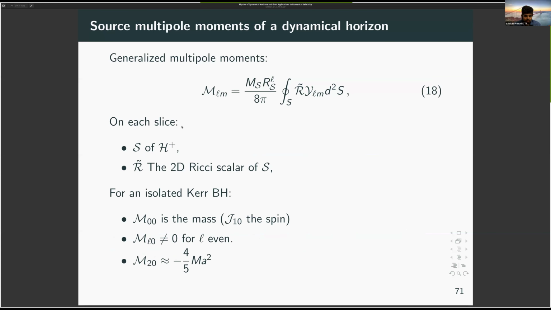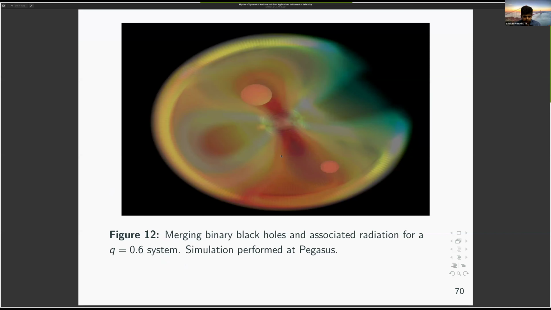So one realization, of course, that came about was that we should not be restricting ourselves to a single index or axisymmetric deformations of dynamical horizons, because as you can see in this figure, there is nothing axisymmetric about this situation. You have two black holes, and the situation is highly non-axisymmetric. You would imagine deformations to have all possible components.